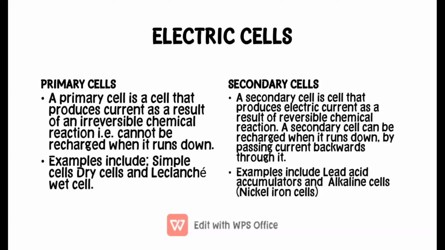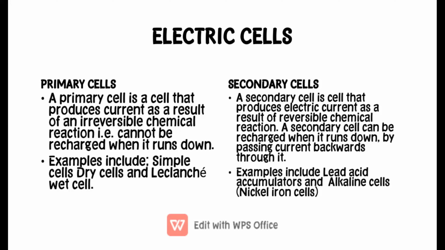Whereas for a secondary cell, a cell produces electricity, or produces current, as a result of a reversible chemical reaction. The reaction is reversible. You can change the reaction. Maybe if it started from somewhere and ended somewhere, then you can start from the end and come back and get what you had at the beginning. So the reaction can be reversed.